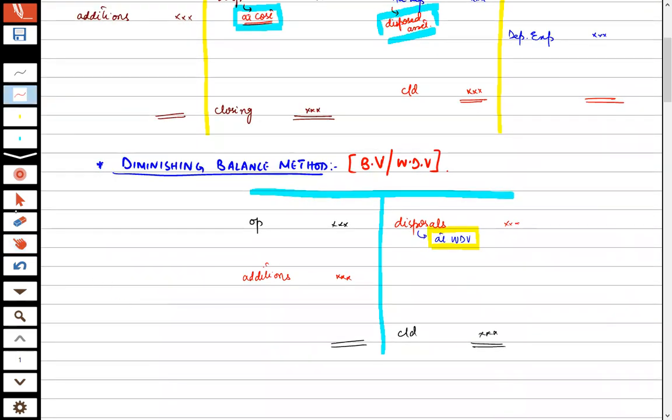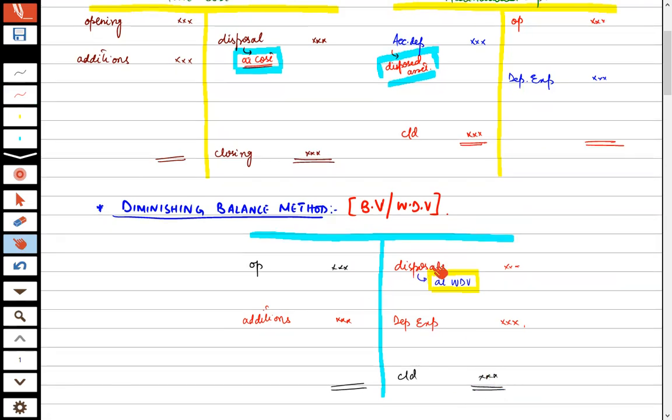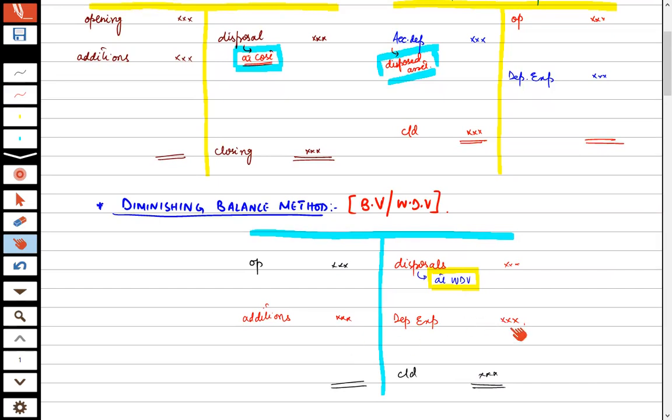And another thing is that, as usual, depreciation expense is credited. So here depreciation expense will also be credited. Now, if the organization is following the WDV method and we have been given this, this and this, and the difference is here after disposal, it will be depreciation expense.